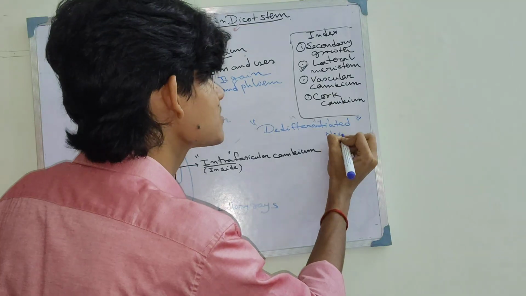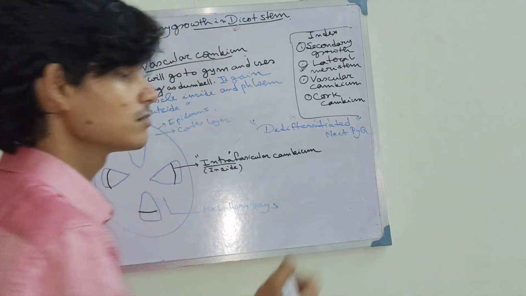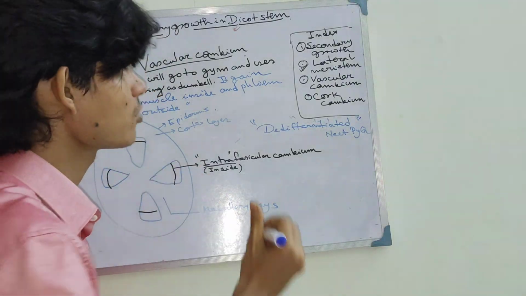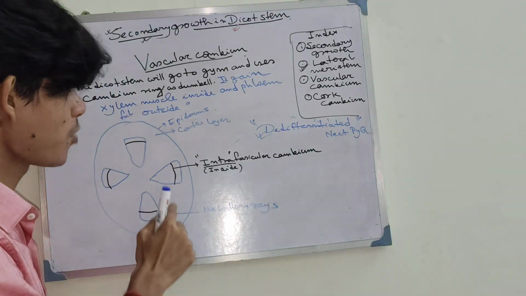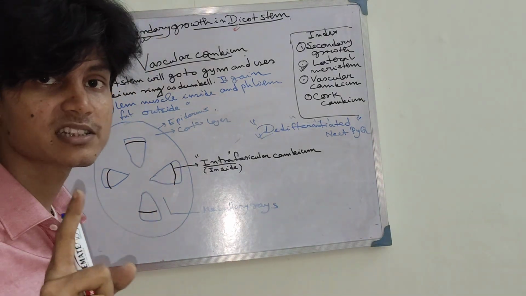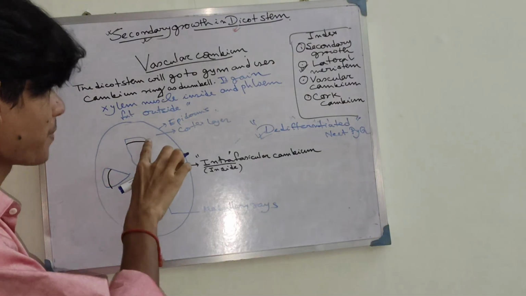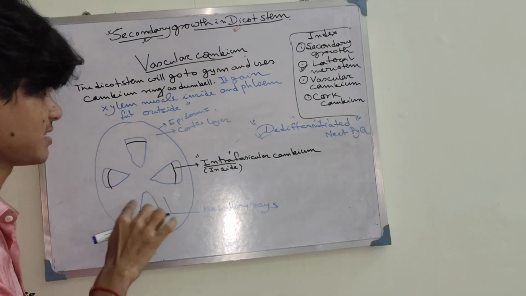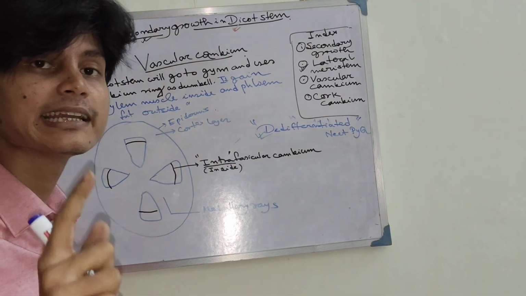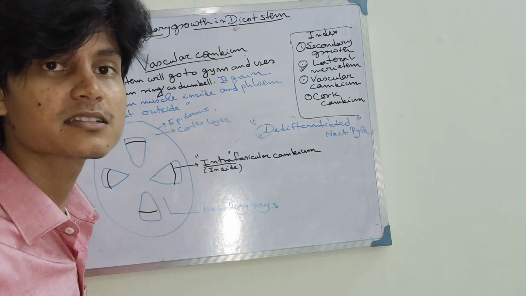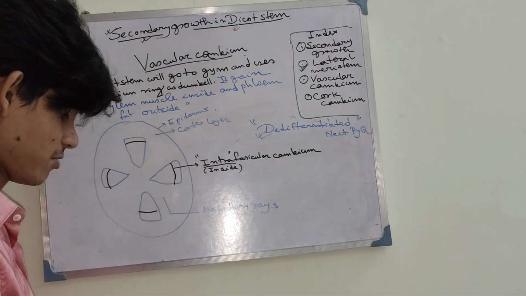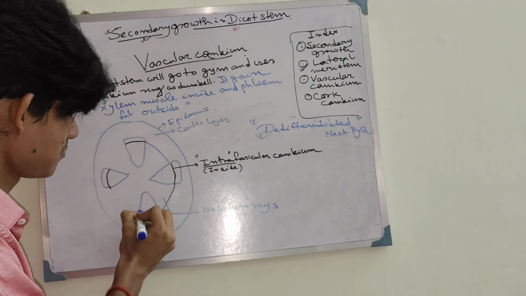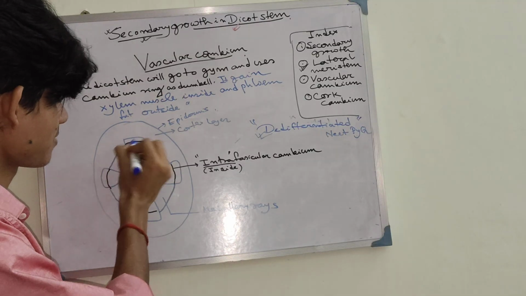This is a NEET PYQ. How does interfascicular cambium form? By dedifferentiation of parenchymatous cells of medullary rays. So some parenchymatous cells of medullary rays present between the vascular bundles will get dedifferentiated, regain their capacity to divide and form a strip of cambium, which joins with the intrafascicular cambium.